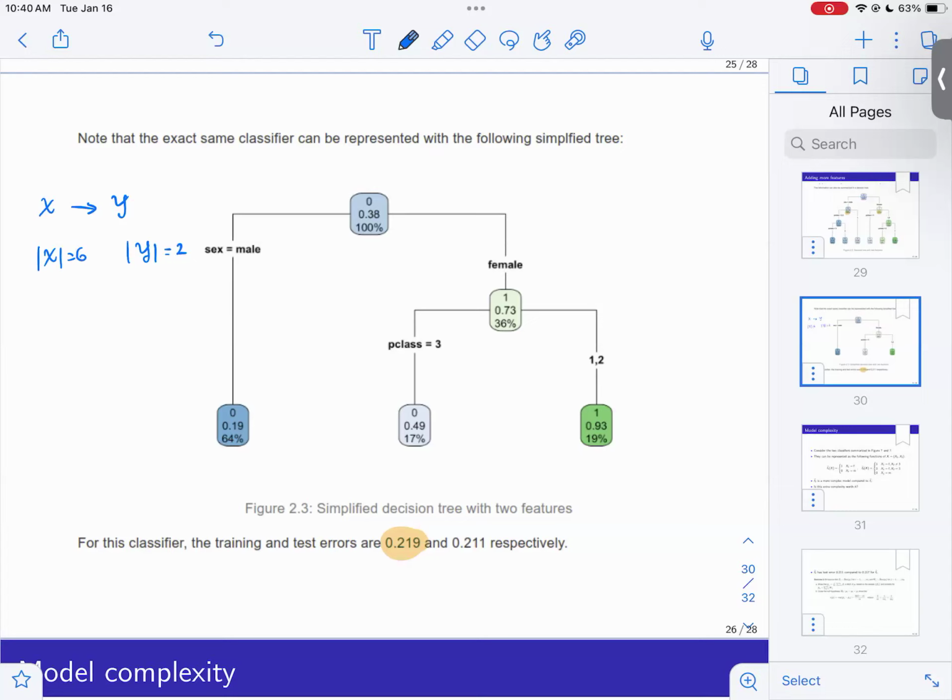Right, 2 to the 6. Oh, never mind, I see before the cardinality of X was 2, so it was 2 to the 2. It was hard to see which one was which, but yes, this 2 is this 6. So 2 to the 6 is, what is it? 64. Is that right? So it's exponential.